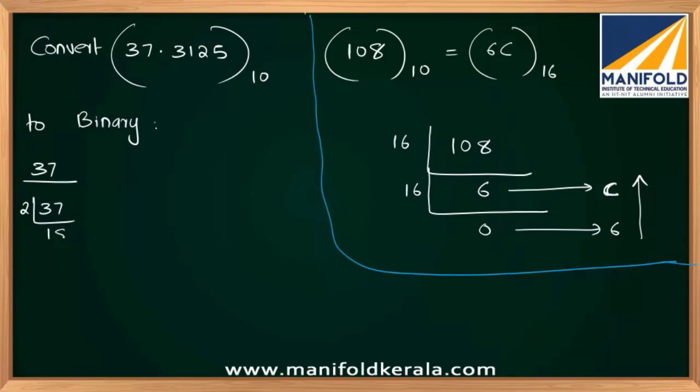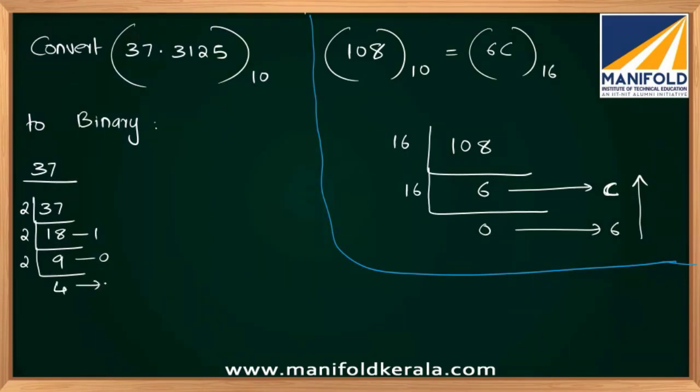So 37 divided by 2 will be 18 with a remainder of 1. Then 18 divided by 2 is 9 with a remainder of 0. Many students are getting the answers easily. Very good.